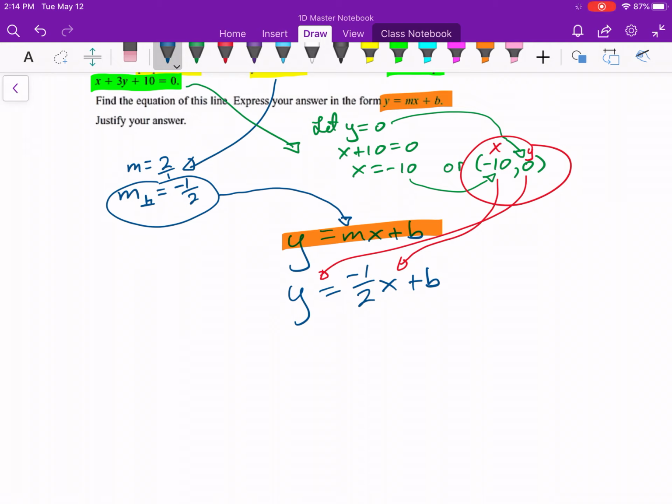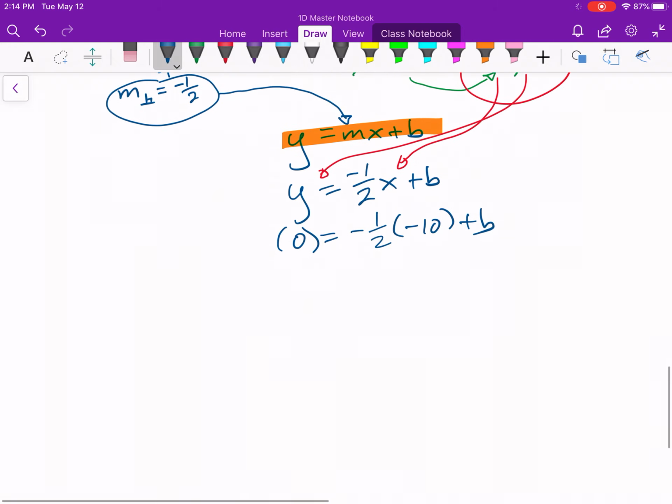And so now I've got 0 equals -1/2 times -10 plus b, and I can calculate b. So 0 equals positive. Negative times negative is positive. 1/2 times 10 is 5 plus b. Bring the 5 over to the other side. 0 minus 5 equals -5.